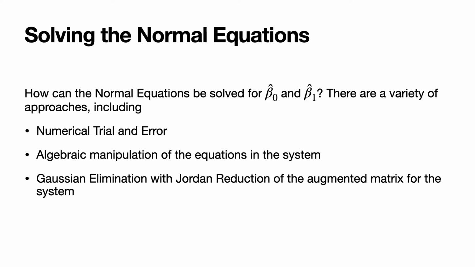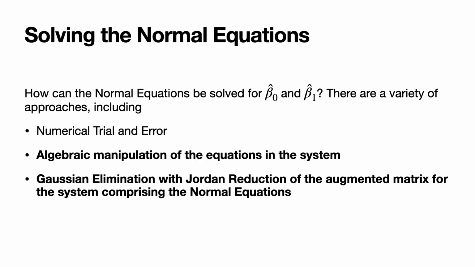So once we have observed the data and calculated those 5 summary statistics and plugged those summary statistics into the normal equations, how can we solve the normal equations for beta 0 hat and beta 1 hat? Well, there are a variety of approaches, including numerical trial and error, algebraic manipulation of the equations in the system, and then finally, Gaussian elimination with Jordan reduction of the augmented matrix for the system.